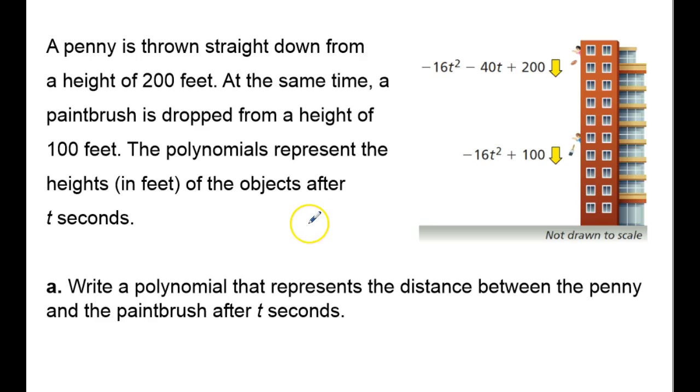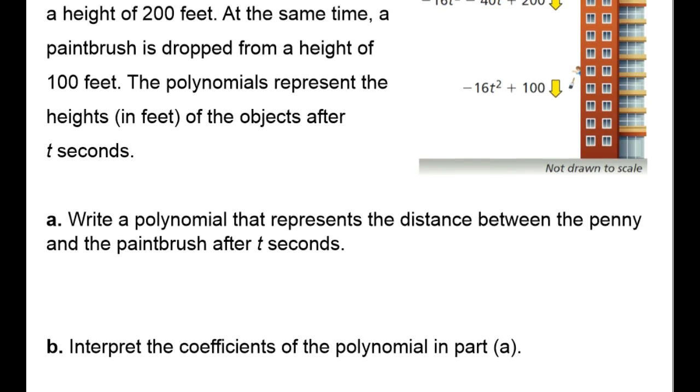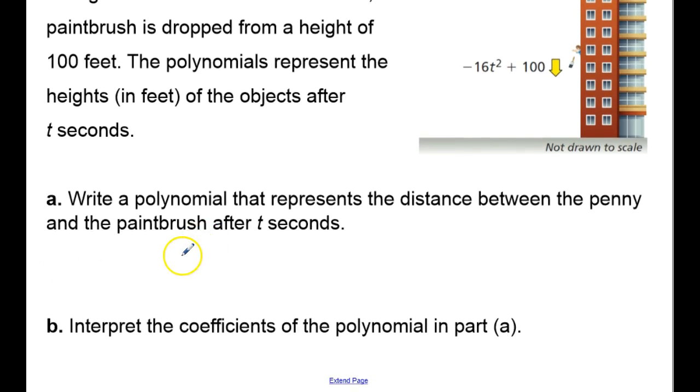So now I'm supposed to write a polynomial that represents the distance between the penny and the paintbrush after t seconds. So I know that I'm going to have to subtract my polynomials, right? Because I'm finding the difference here. And whenever you see a difference, that's subtraction. So I'm going to go ahead and write my equation.